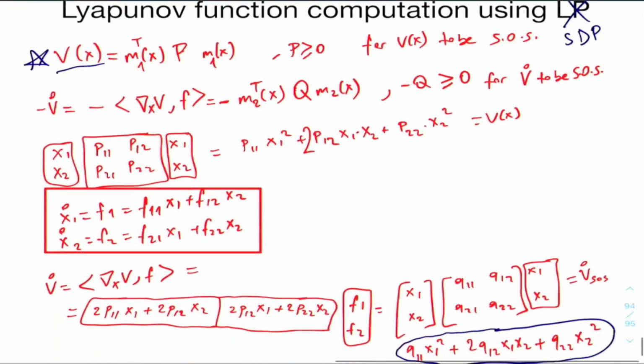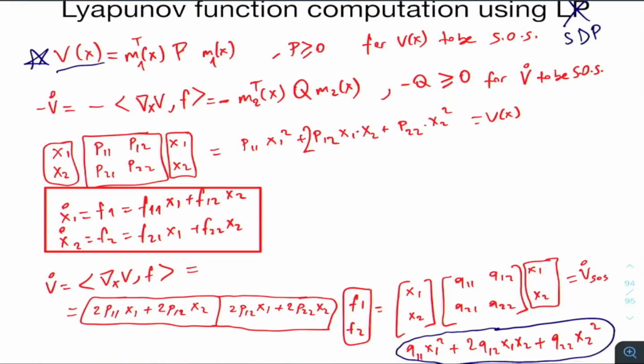After that, let's continue. Where were we? Let's check. Yeah, we parameterize our Lyapunov function using p values, right? And after that, using those p values, we computed analytically, but probably in that case we would use the MATLAB symbolic toolbox, minus v dot, or v dot, you can say.